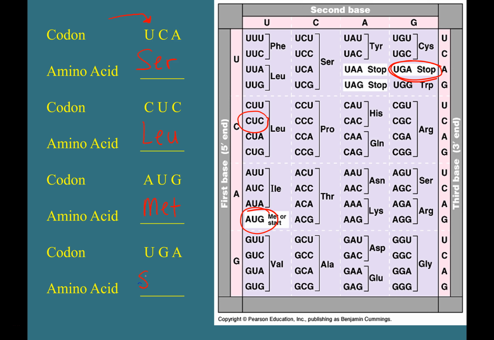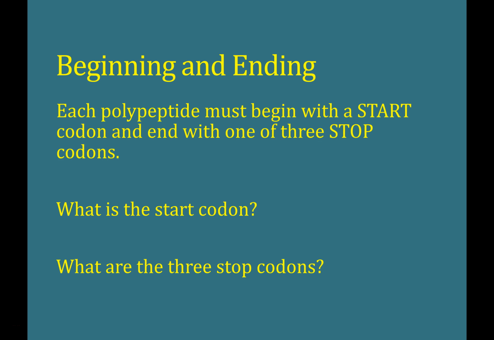That is what is known as a stop codon. A stop codon is going to become important when we get up to that. Every polypeptide has to start somewhere and it will eventually end. It starts with what is known as the start codon, and here's where you've got to be careful. The start codon is AUG.